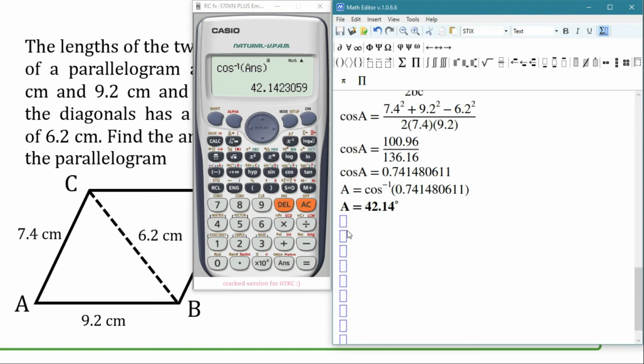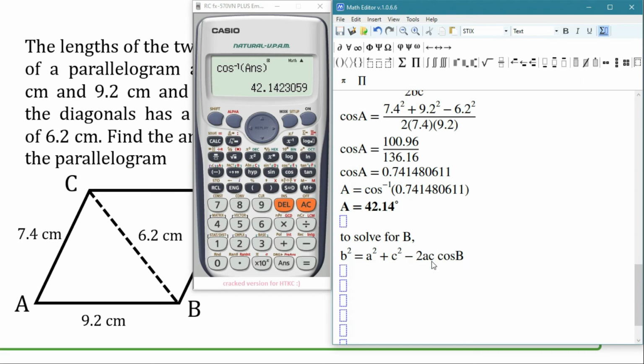Alright, so to solve for angle B, we have this equation. We have B squared equals A squared plus C squared minus 2AC times the cosine of B. Okay?